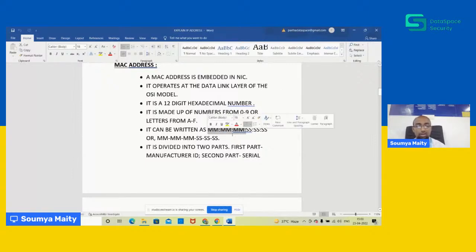The first three parts we can call the manufacturer ID, and the last three parts we can call the serial number of the NIC.